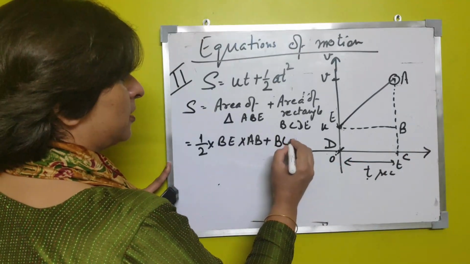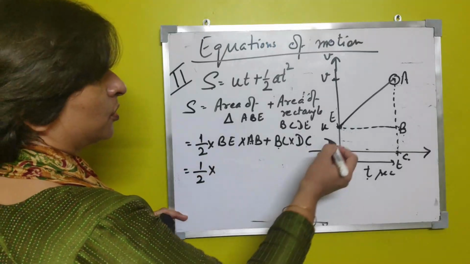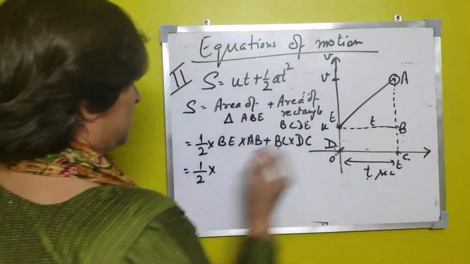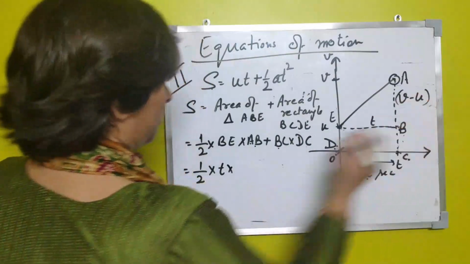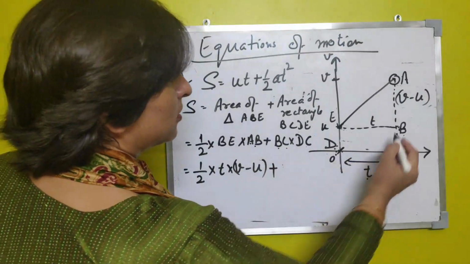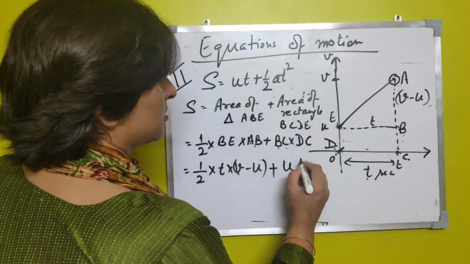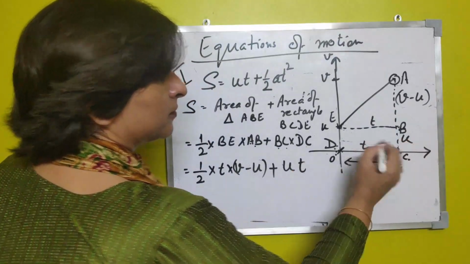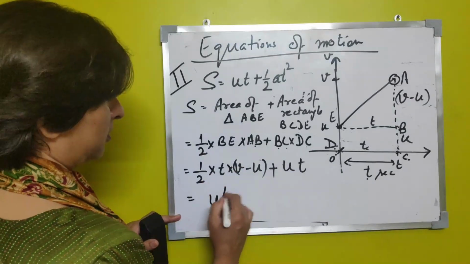So it is BC into DC. So this can be half into BE is t, AB is v minus u, BC is u and DC is t.